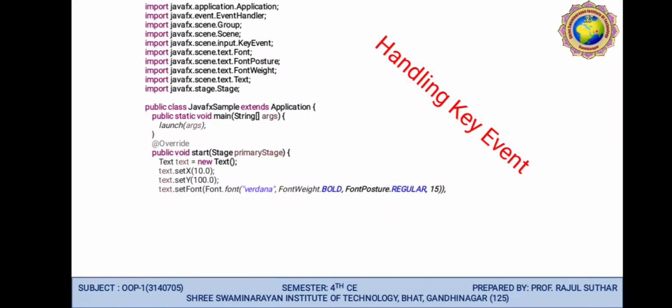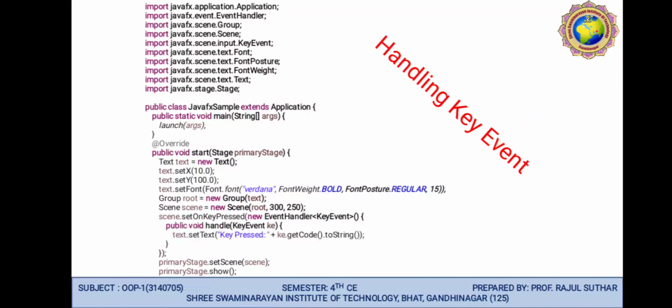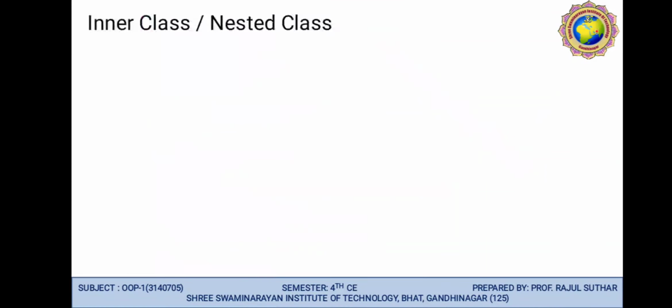The size of this font is 50. Group root is equal to new Group, text, scene is equal to new Scene. The primary stage is created here by using the key press event. So here public void handle(KeyEvent ke), ke.getCode.toString.